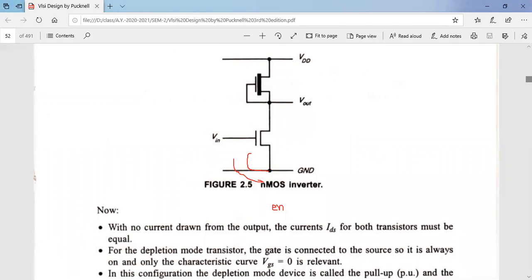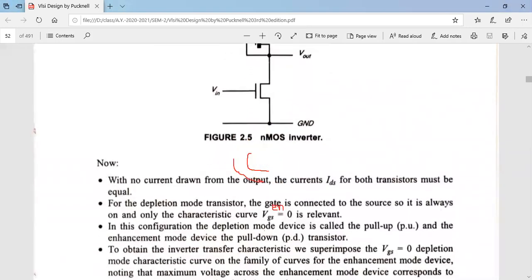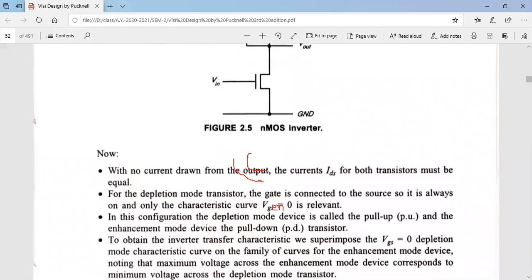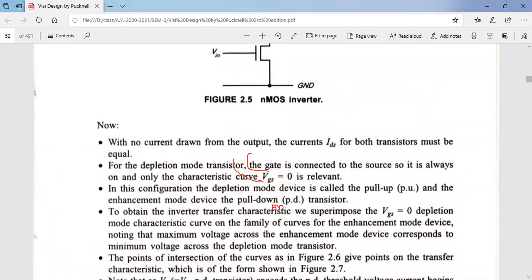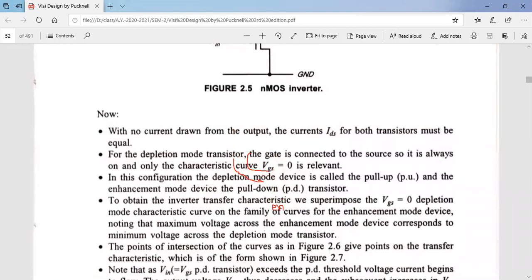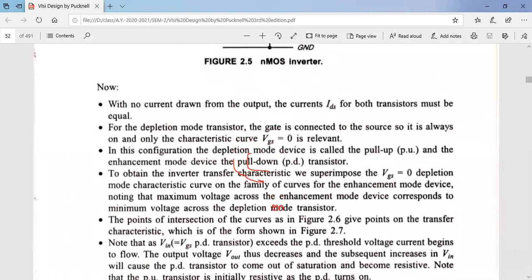So we have some conditions and rules for transistors to work as an NMOS inverter. With two transistors, and no current drawn from the output, the current IDS from both transistors must be equal. For the depletion mode transistor, the gate is connected to the source.